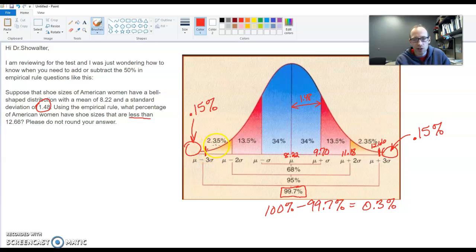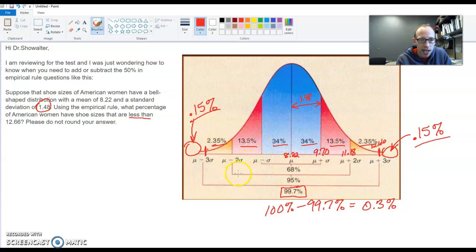And in addition to all the percentages they list out, go ahead and put in that 0.15%. That goes from 3 standard deviations out to infinity in the left direction, and from 3 standard deviations above the mean out to infinity in the positive direction too. So you don't have to keep doing that on and on and on. This is just everything above 3 standard deviations.